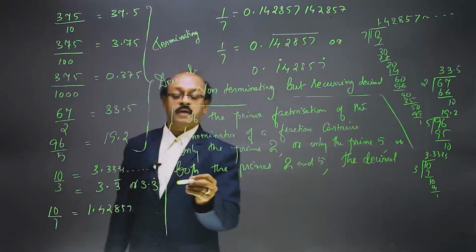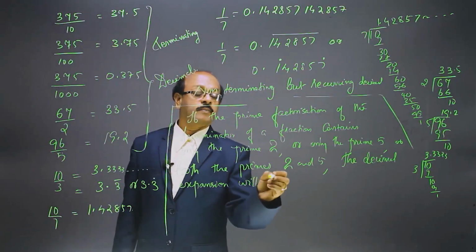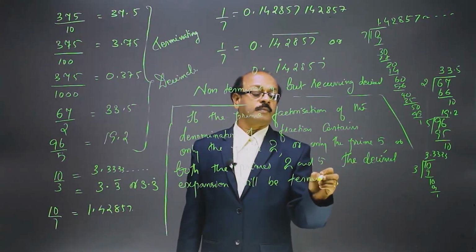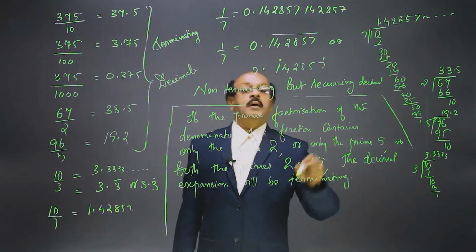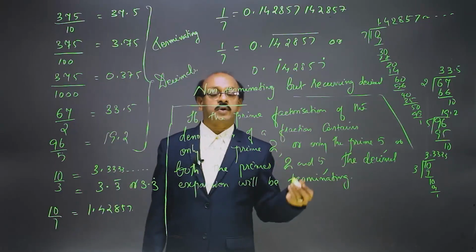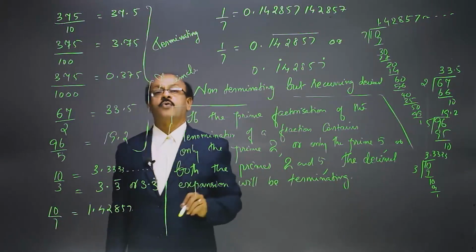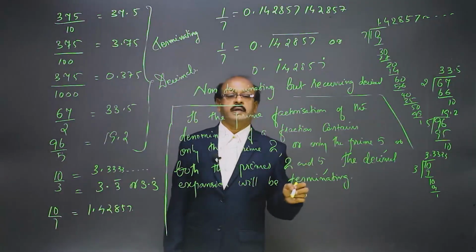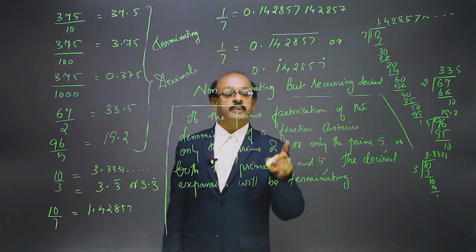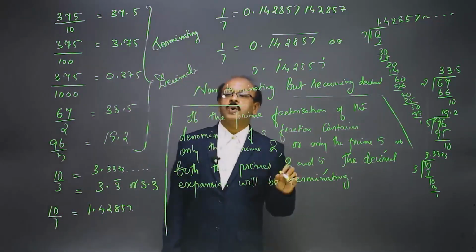The decimal expansion will be terminating. That is, when we are taking the denominator and finding the prime factorization, if it contains only 2, then the decimal expansion will be terminating. Also, if the prime factorization of the denominator contains only the prime 5, then that decimal form also will be terminating.